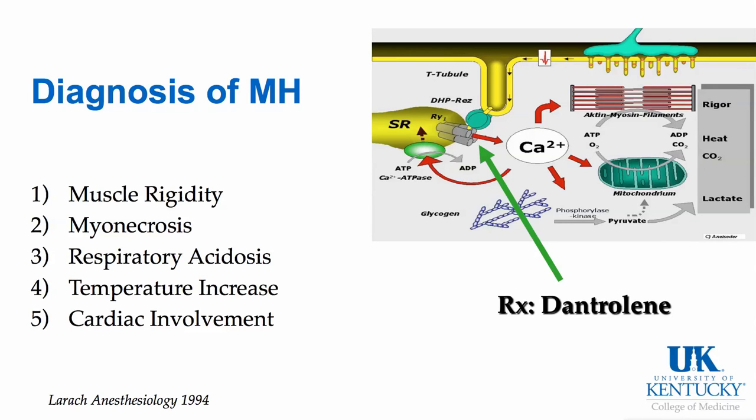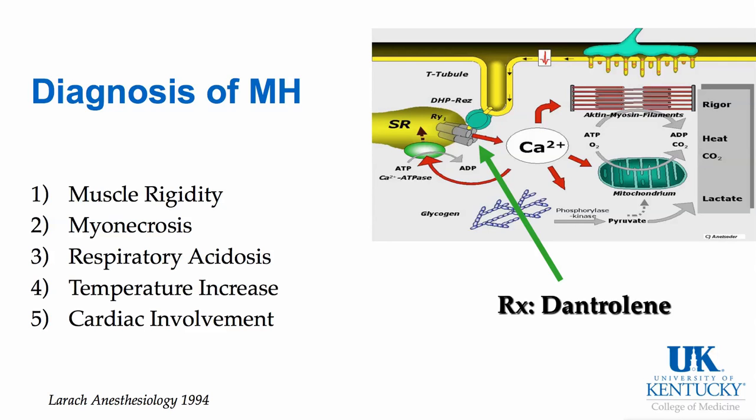So the upper right graphic shows what's going on in MH, where you have a sarcoplasmic reticulum, SR, a ryanodine receptor, RY, and the RY is spewing calcium out into the cell, and the actin myosin filaments are crossing, and you have rigor of muscle, and as that muscle contracts, it creates heat, produces carbon dioxide, and there's anaerobic metabolism going on, and lactate production, so respiratory and metabolic acidosis occurs.